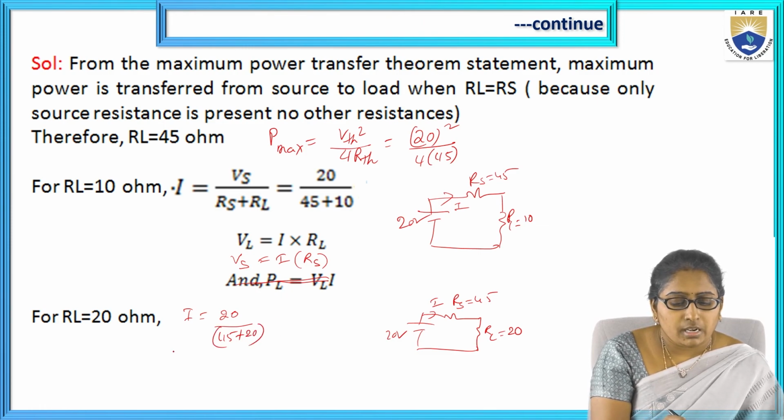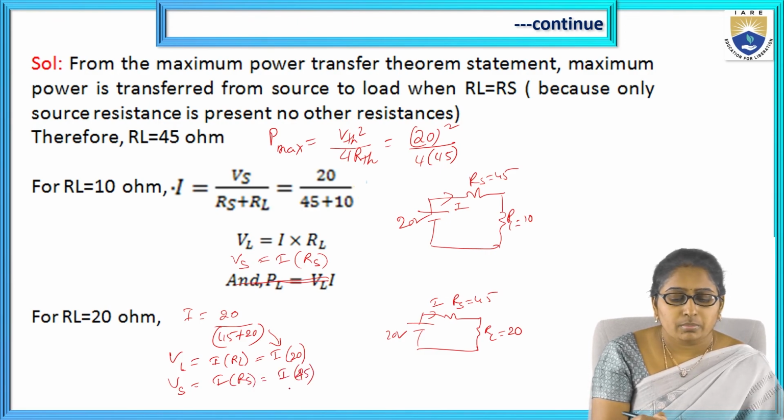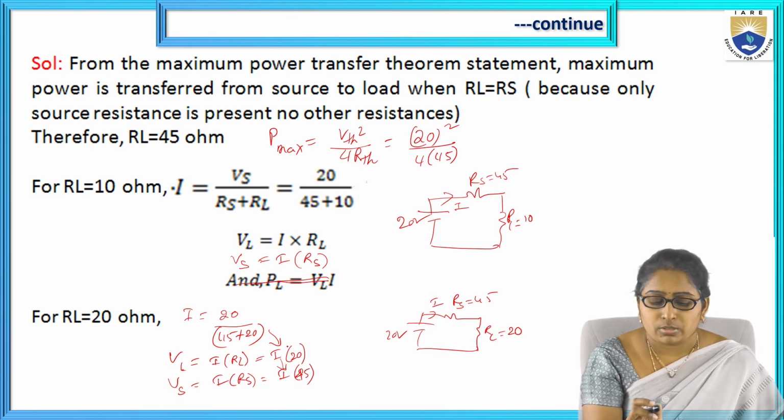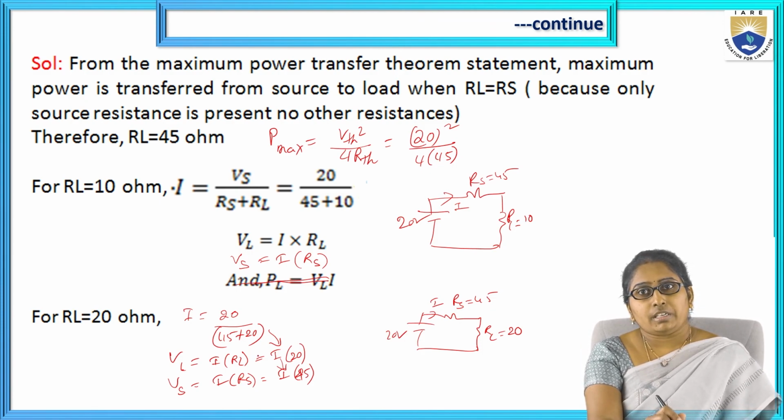So this is I and VL is I into RL, I into 20. Next, voltage across the source resistance, I into RS, I into 45. This is not going to change, because I changes, this value also changes. So this is how for 20 ohms it is calculated.